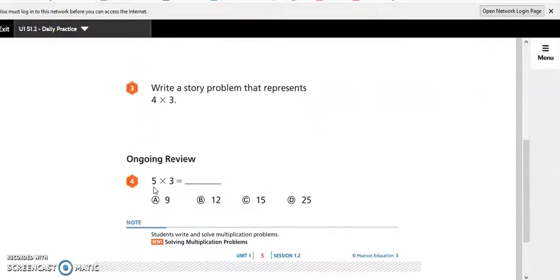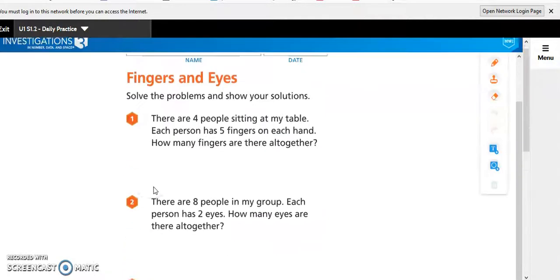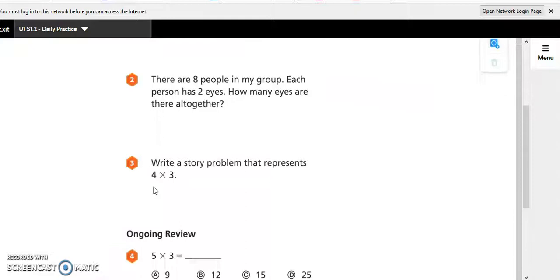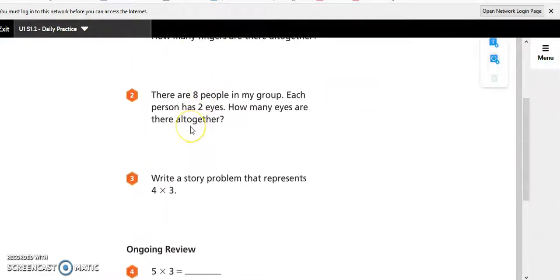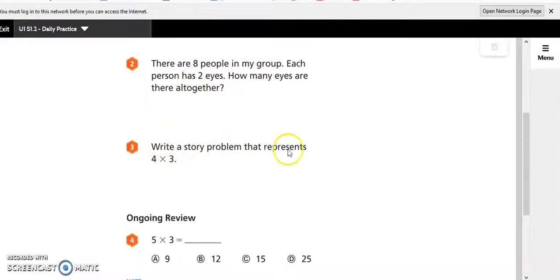You have 4 problems. These 2 you'll be drawing a picture for. This one wants you to write your own story problem. So that means you're going to think of 4 of something. It could be 4 boxes, 4 bags, 4 flowers, whatever your bigger group is.